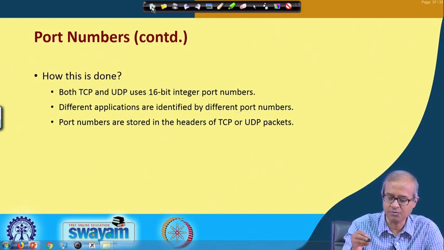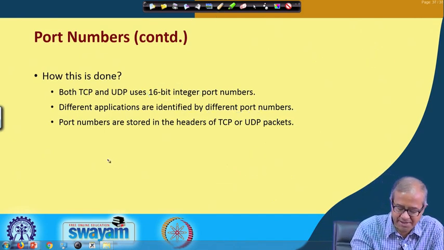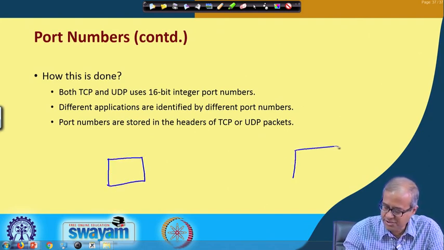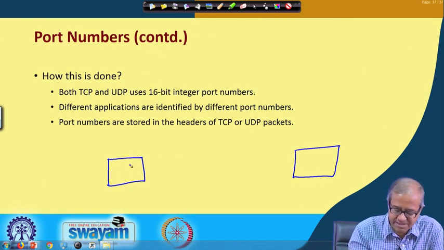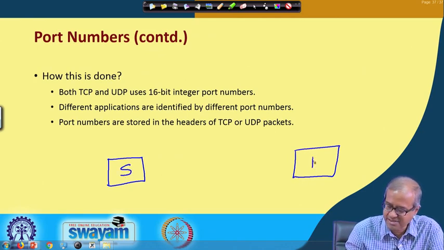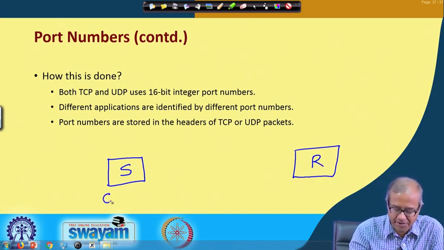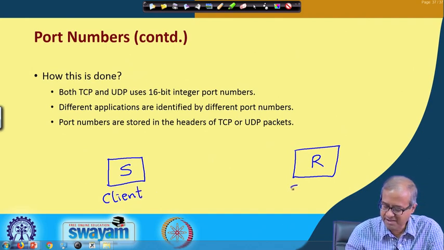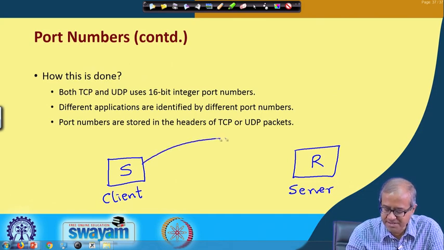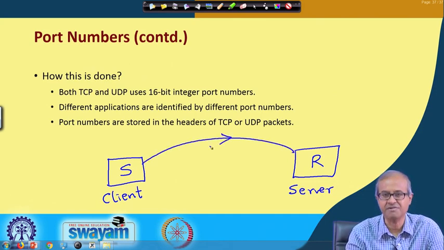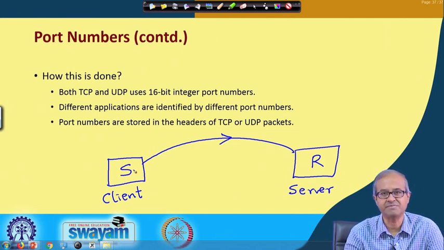Just one thing, let me tell you, well, in an internet scenario, if you think of a situation like this, this is a sender, this is a receiver. Well, often we talk about the client server scenario. Let us say this is a client and this is a server. The client will be sending some request to the server. With respect to the request, this is the sender, this is the receiver.